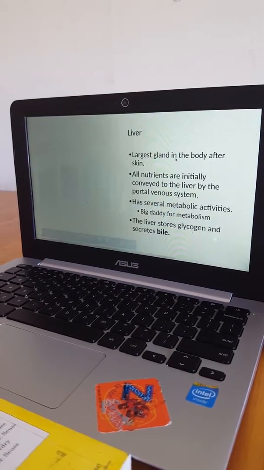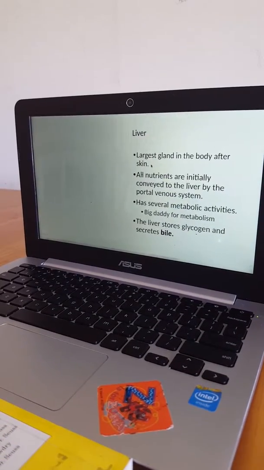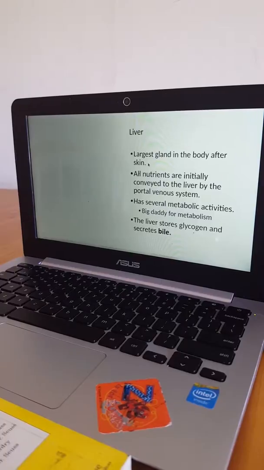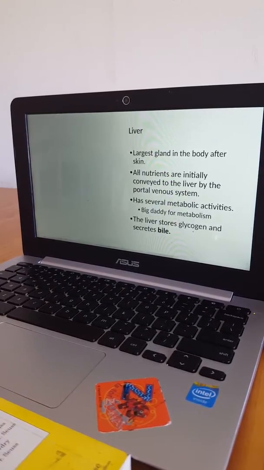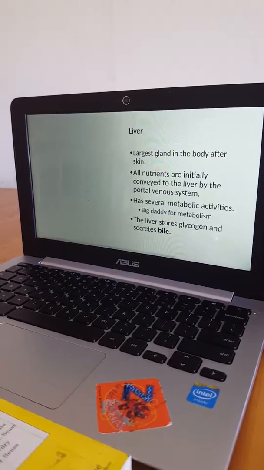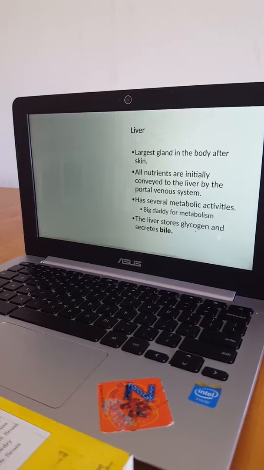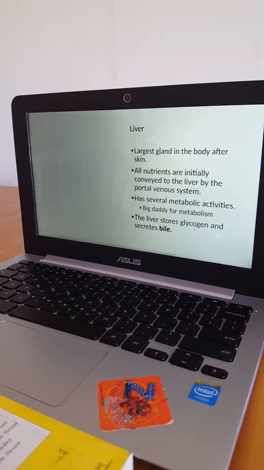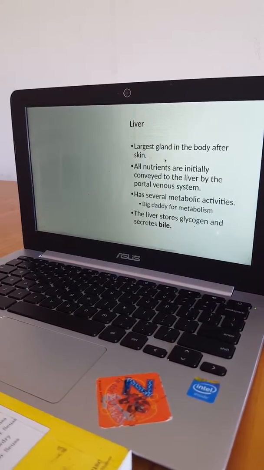It is the largest gland in the body after the skin. Another MCQ: skin is the largest gland in the body, also the largest organ in the body, which causes sweating and causes sebum to be released. So multiple functions of skin. After that, the liver has a lot of hormones like glucagon and other hormones.